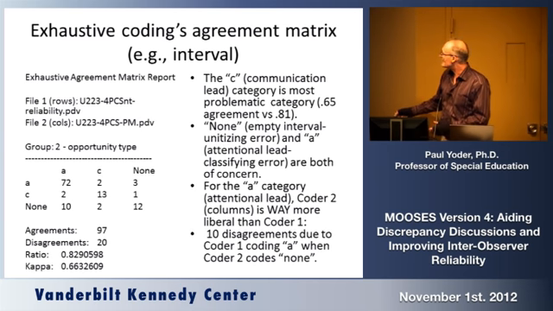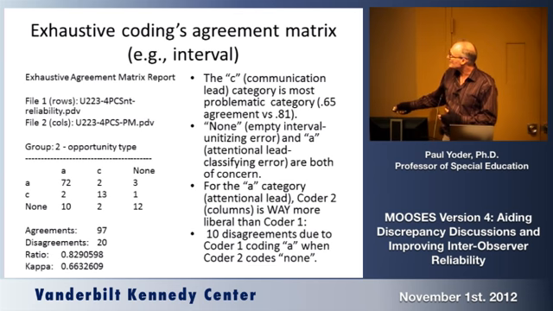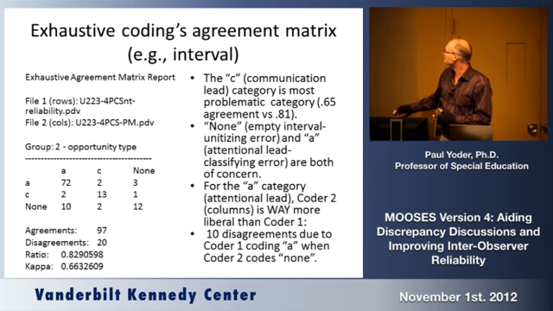So in this way, we can get unitizing agreement. And that's where the agreements are here. It also allows us to see unitizing disagreements. So when one person doesn't see either A or C in the interval, but another person does, it would be under none. Okay?